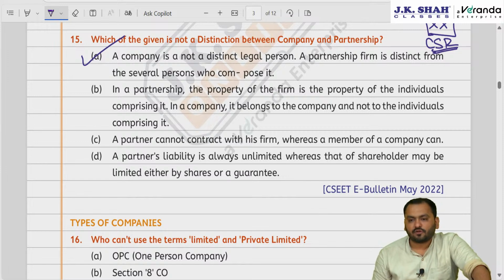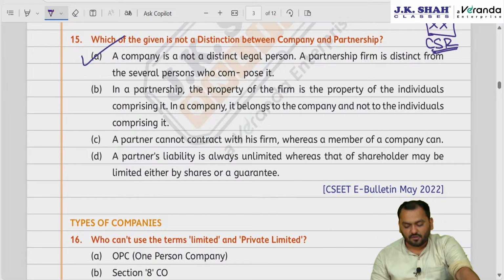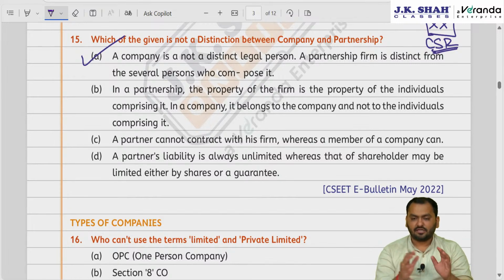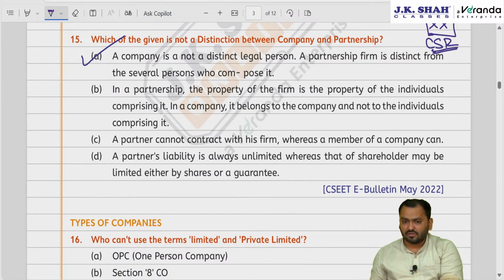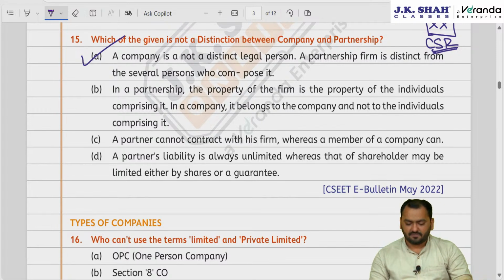So what is option B talking about? In a partnership, the property of the firm is the property of the individuals, that is, the property of the partnership firm is the property of the partners. And in a company, the property belongs not to the individuals but to the company. So option B is correct, no problem in that.